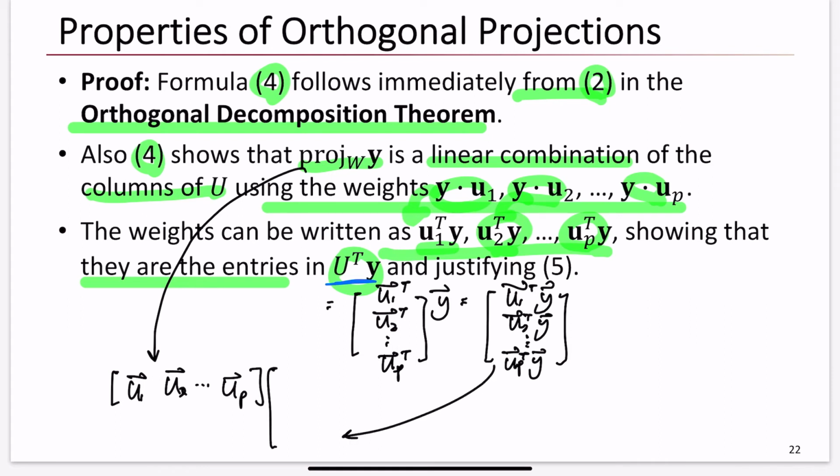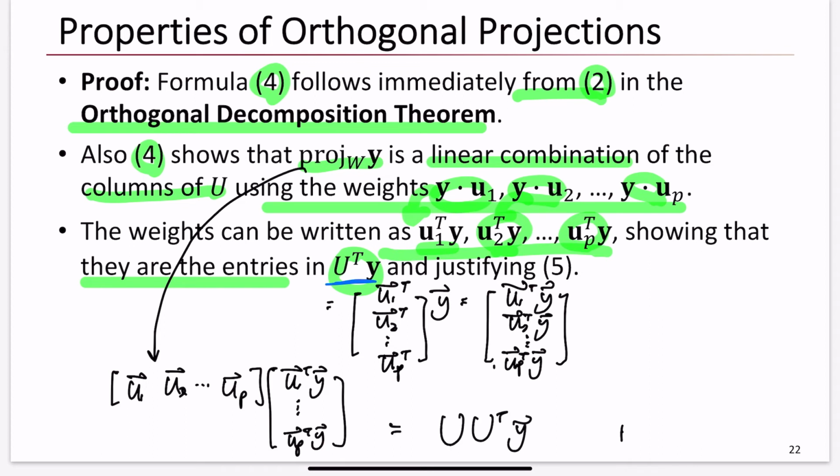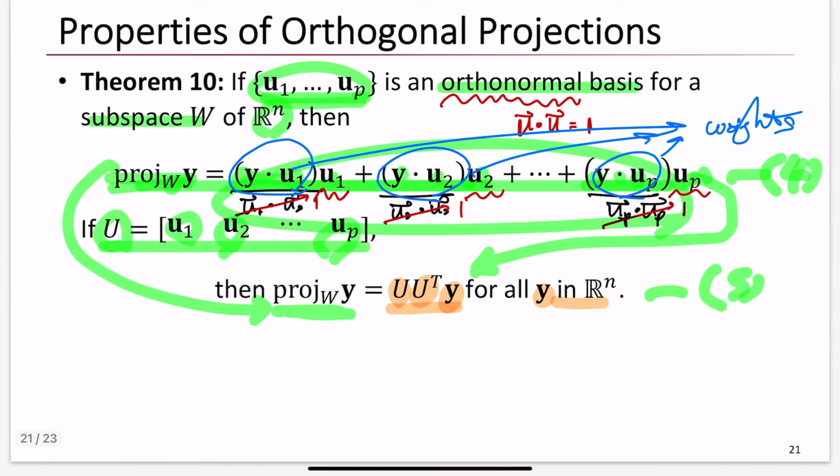Let's write again: U1 transpose Y, UP transpose Y. Then it's going to be U transpose vector Y. That's it. So we can simply represent the projection of Y onto W as U transpose Y for all Y in our space. This is theorem 10.